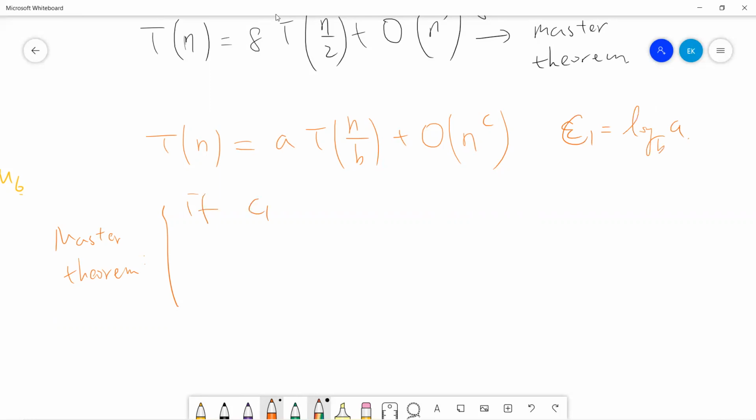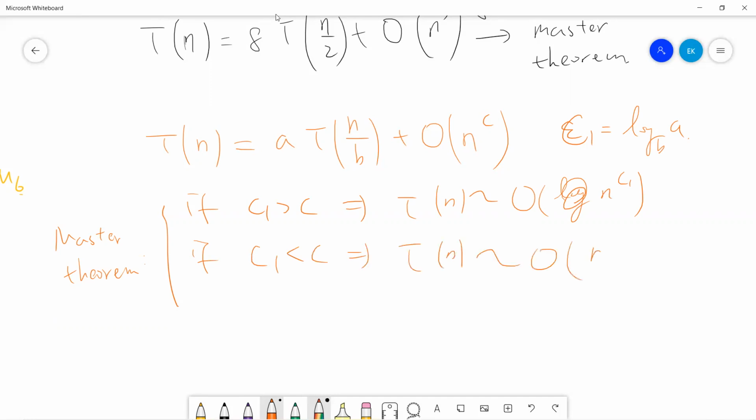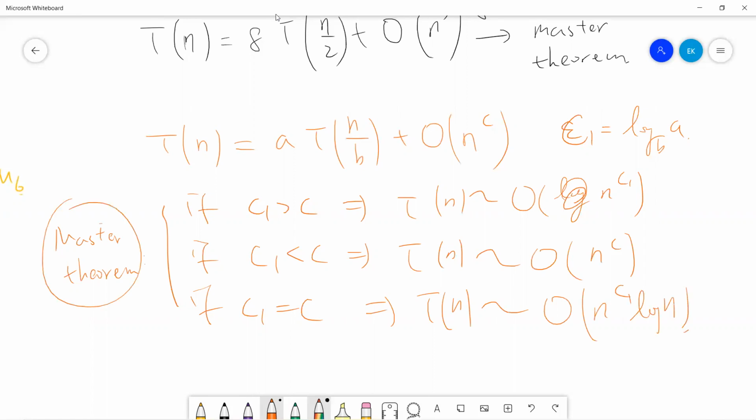If C1 is greater than c, then T of n will be O of n to the C1. If C1 is less than c, then c will dominate. And if C1 is the same as c, T of n will be O of n to the C1 times log n. Okay, so this is the master theorem.